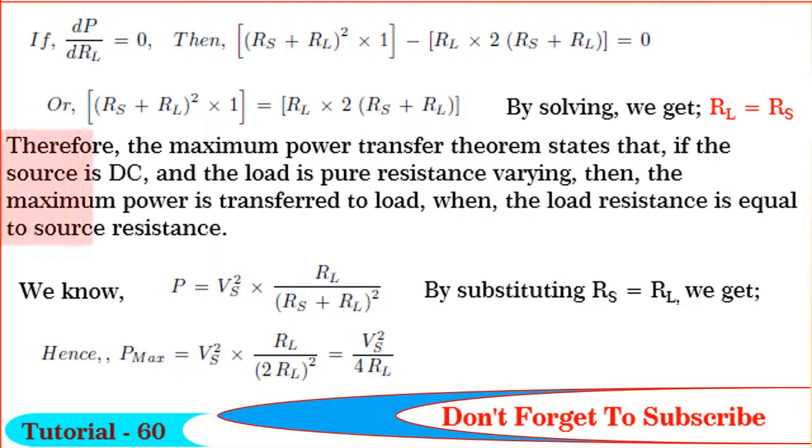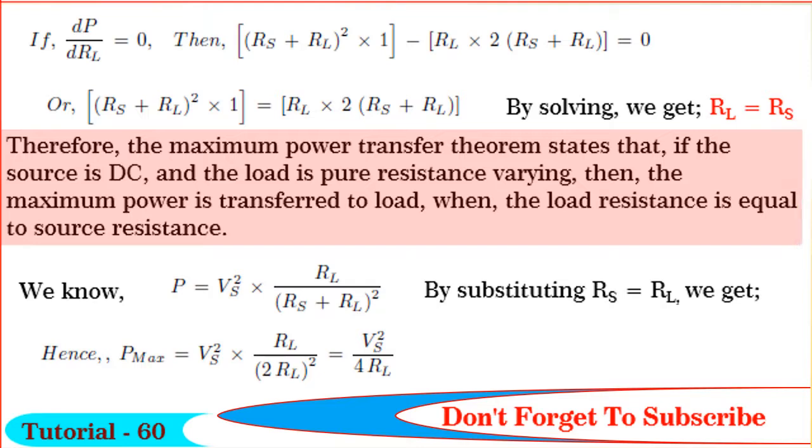Therefore, the maximum power transfer theorem states that if the source is DC and the load is pure resistance varying, then the maximum power is transferred to the load when load resistance is equal to the source resistance.